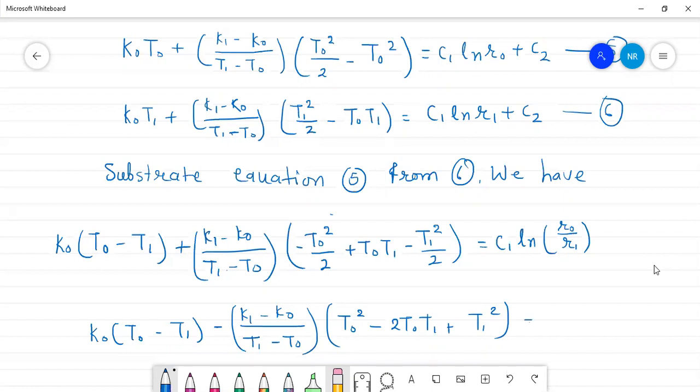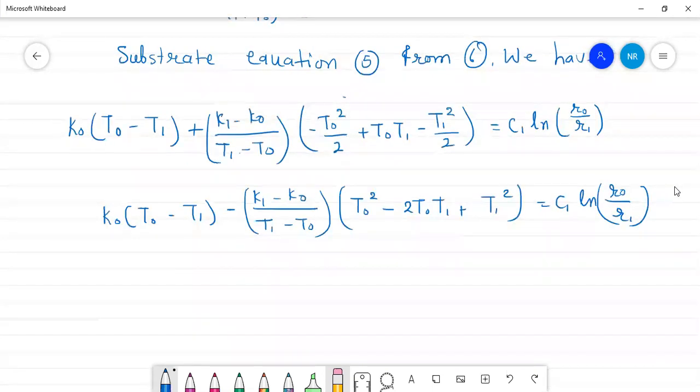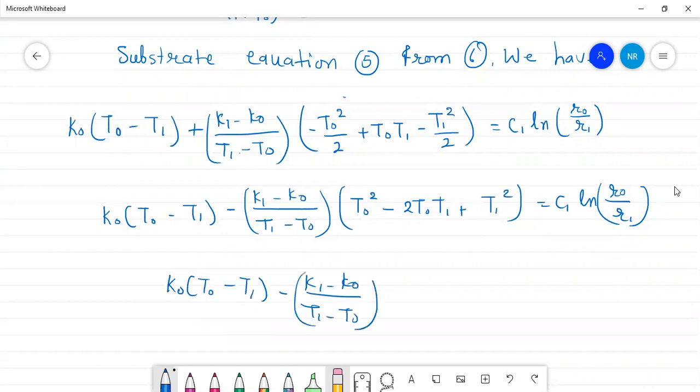C1 is equal to ln R0 divided by, okay, here T0 minus T1 square, so it's T0 square minus 2T0 T1 plus T1 square. So let's change this one. If I do this, then K0 times T0 minus T1 minus K1 minus K0 divided by T1 minus T0 multiplied by T0 minus T1.